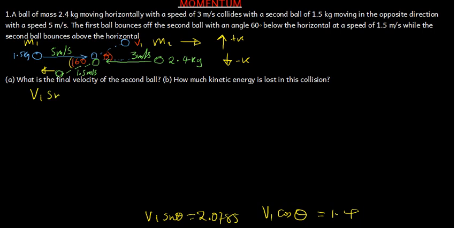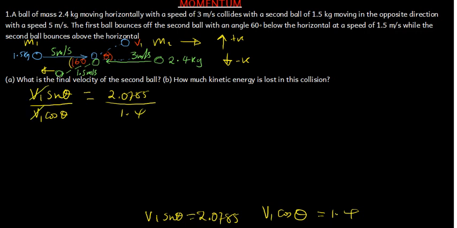So we'll say v1 sin theta, which is equal to 2.0785, and then we're going to divide it by v1 cos theta, and that is equal to 1.4. So v1 and the v1 will cancel.